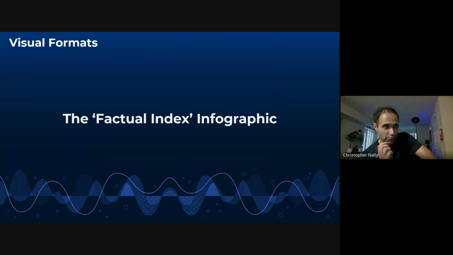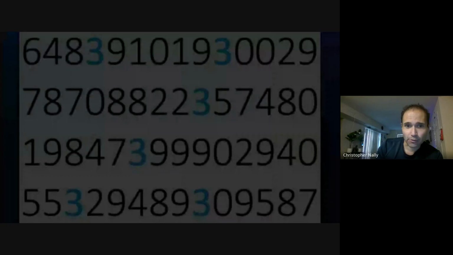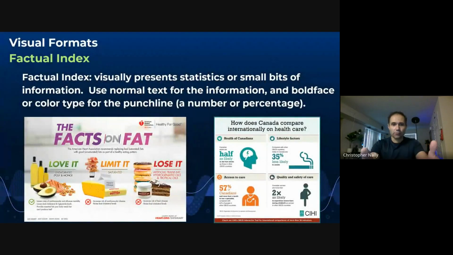And now let's get to, I would say, my legit top favorite infographic, because this is the most common infographic out there. As a matter of fact, it actually started the business of the infographic, and that is the factual index. So I'm just going to get right to it, and I'm just going to tell you what it is.